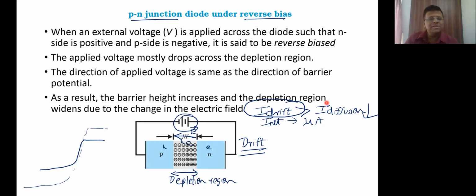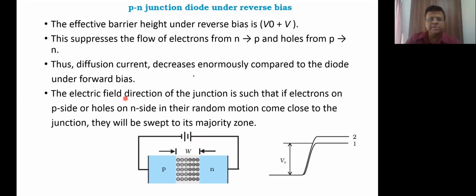Okay, so Mohit, is this all right? This is clear that drift current does not change at all, and diffusion current decreases. Okay, so these points we'll just put forward here. The effective barrier is increased, and because the effective barrier is increased, it suppresses the flow of the majority carriers.